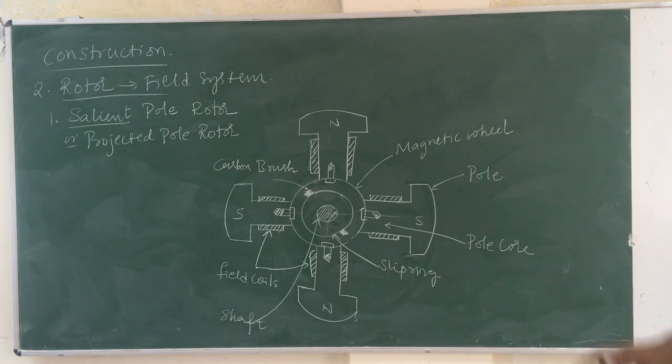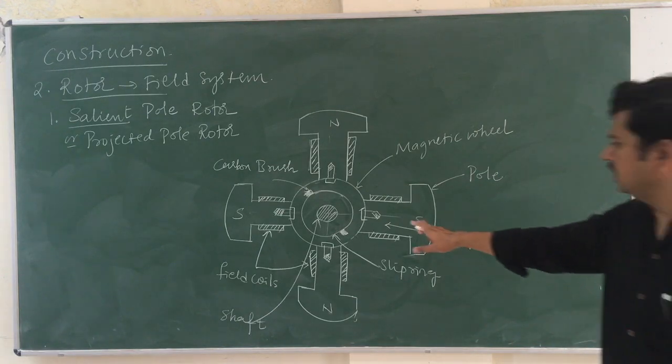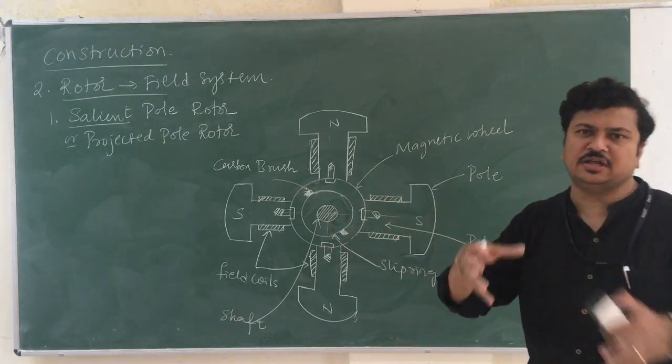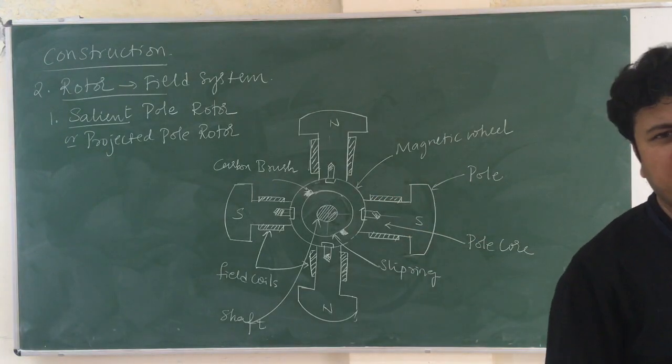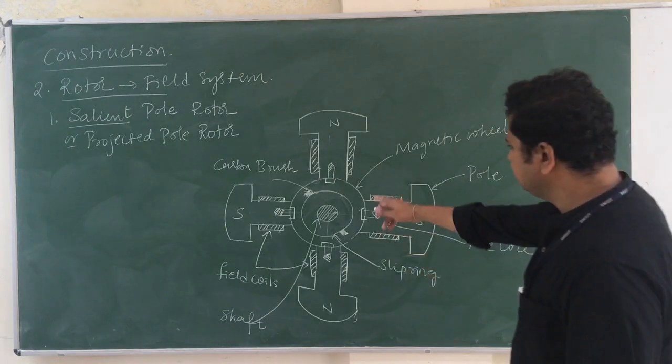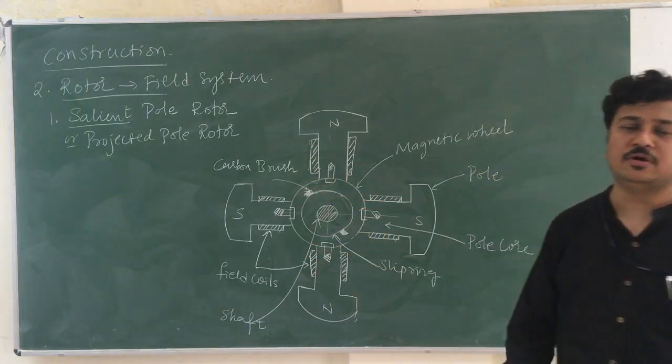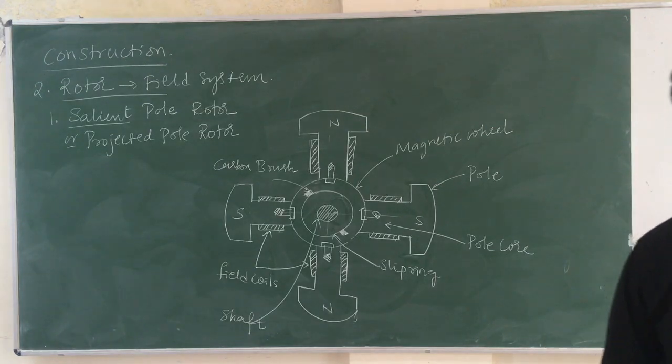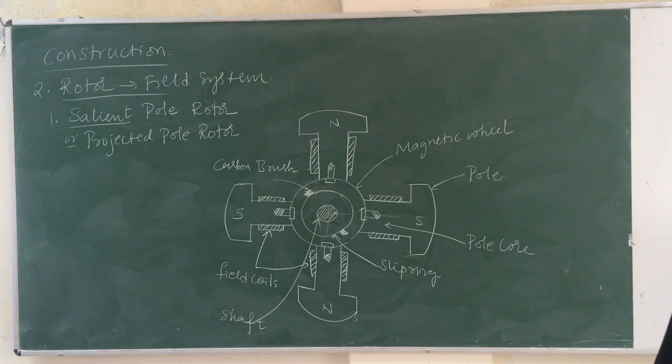I can use the nut bolt system or the wedge shaped fixation. It is simply an indication that these are fixed externally. These are not generally fabricated as a whole. These are fixed externally, and this is a four-pole rotor.